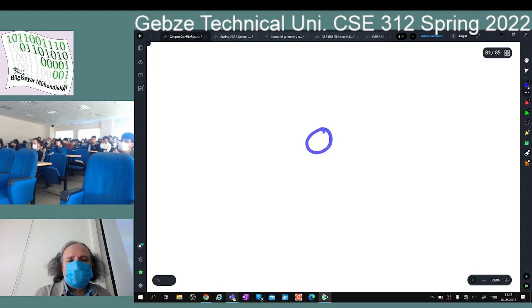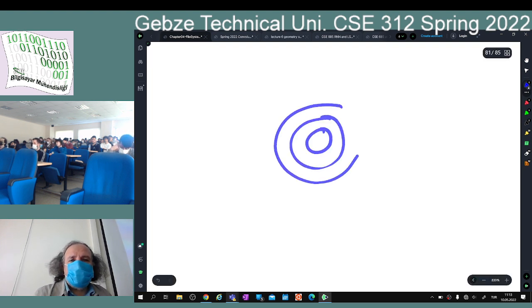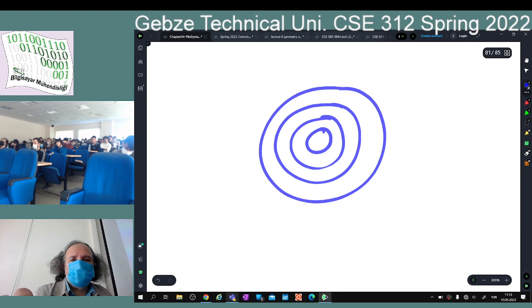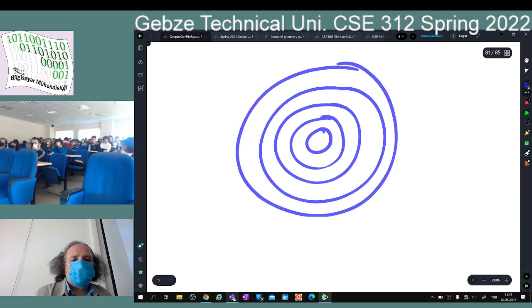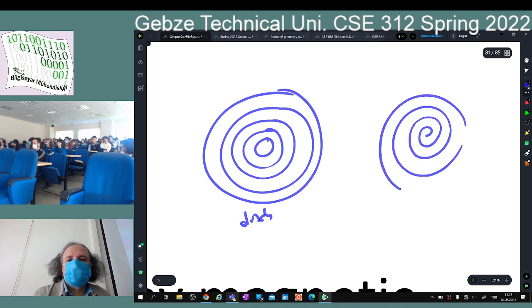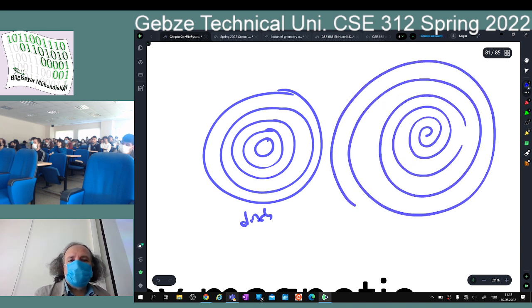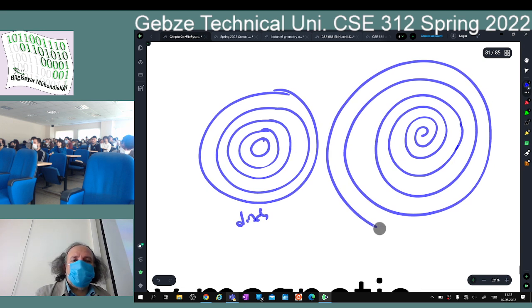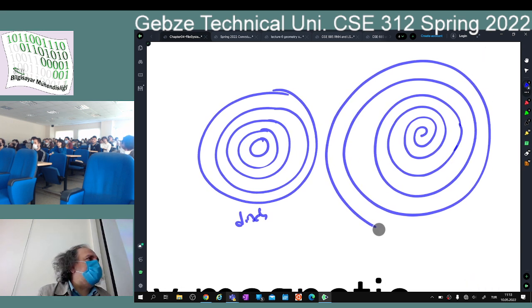Okay, and by the way, in disks we have concentric rings like this. Okay, these are the tracks of our disks. CD-ROMs are not like that. Their tracks are spirals like this. Once you touch one of the tracks, you keep following it.